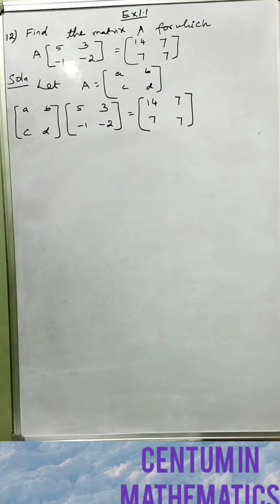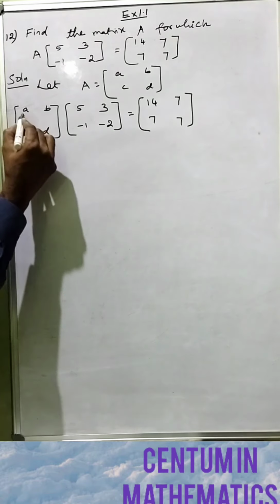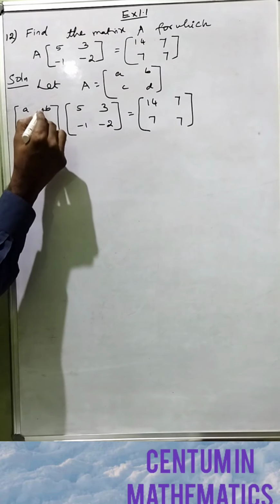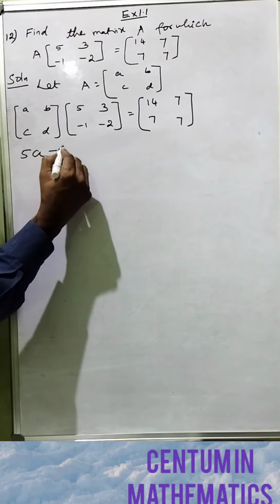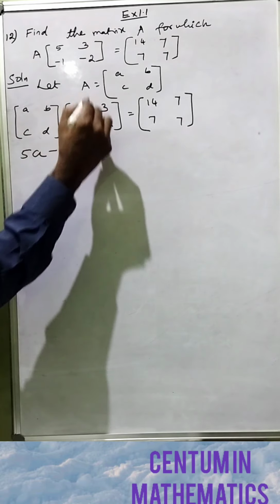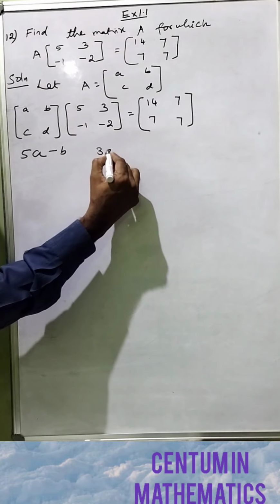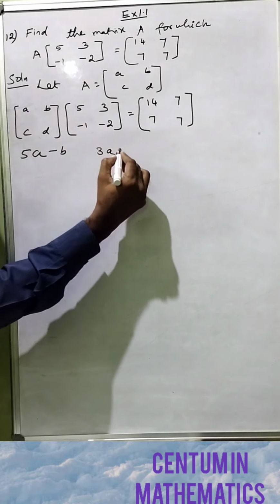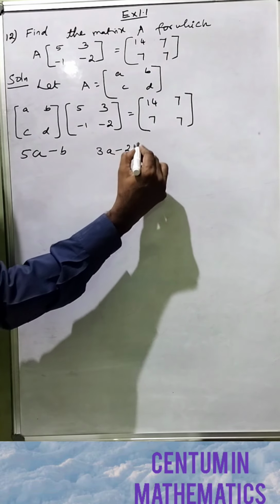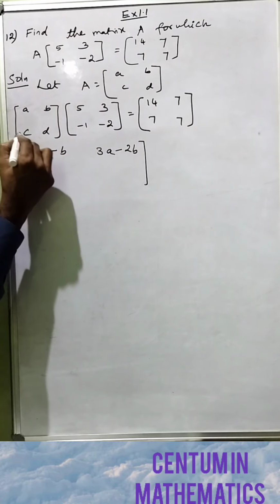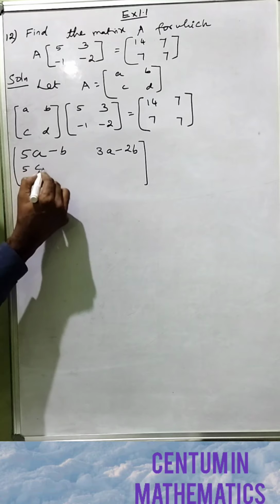Now just multiply 2 plus 2 matrix. First row, first column, 5 into A, 5A. B into minus 1, minus B. First row, first column, then first row, second column. 3 into A, 3A. B into minus 2, minus 2B. Now second row, first column, 5 into C, 5C.